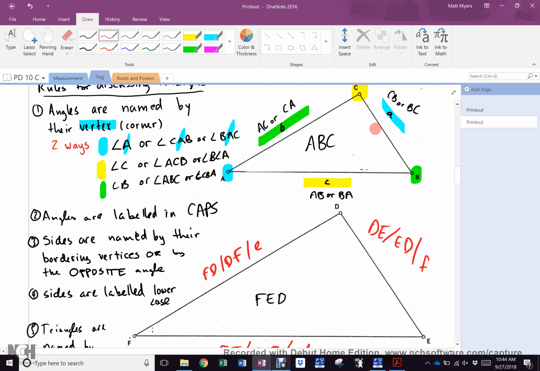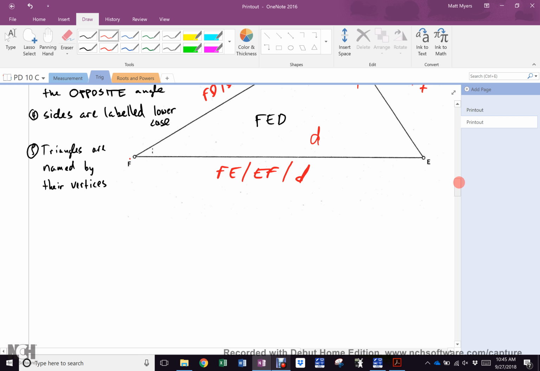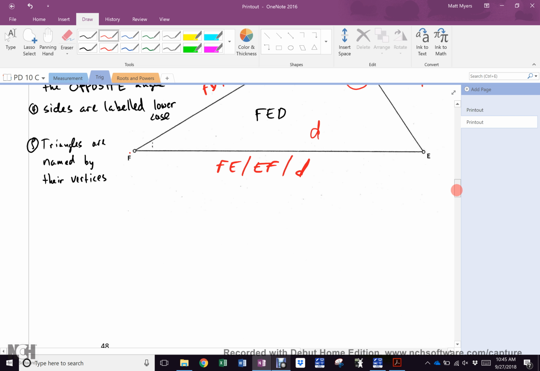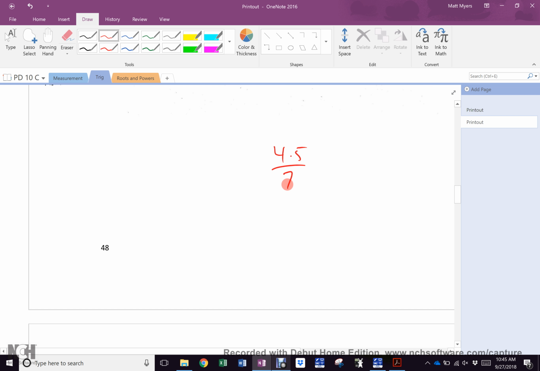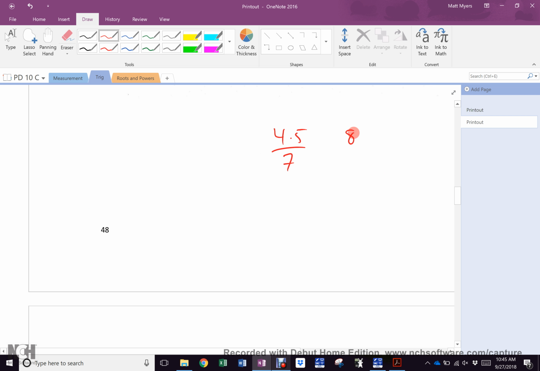How long was A? 4.5. How long was C? 8.8. How long was F? 7. And D is unknown. So, you know that 4.5 matches with 7. And you know that 8.8 matches with D, right?